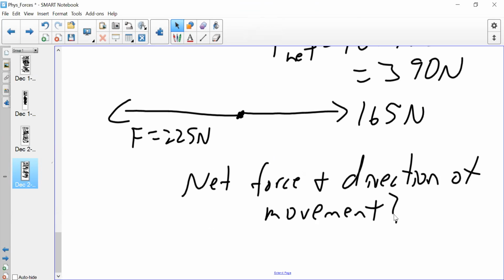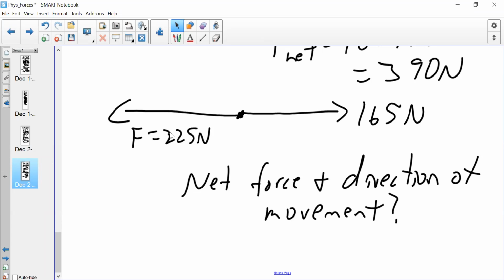Anyone? What's the net force and where does the object move? It moves to the left. It would move to the left with 60 newtons, right?